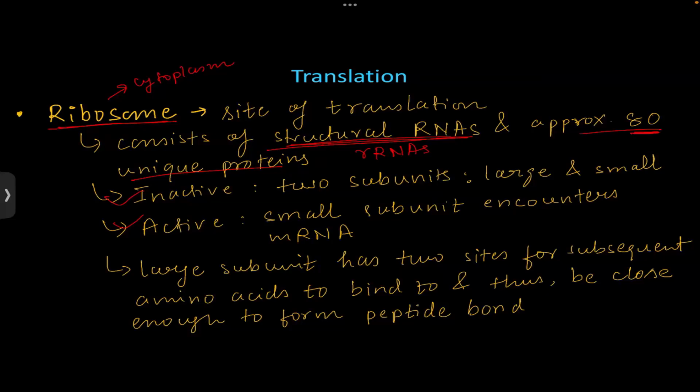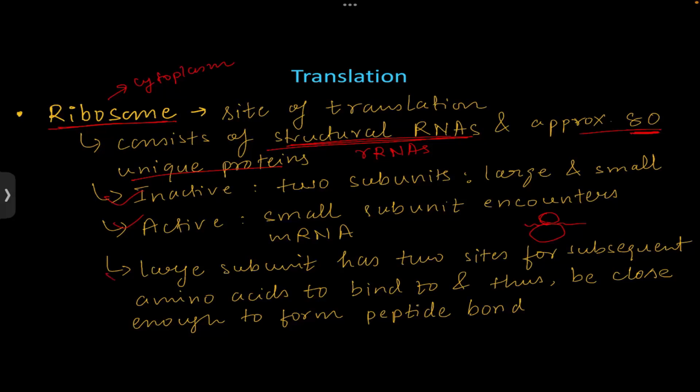It binds with the mRNA, then quickly the large subunit also binds, and it forms a structure like this. Here is the mRNA, the smaller subunit, and the bigger subunit. Both of these subunits hold the mRNA strand from the two sides. And now the translation process can begin.